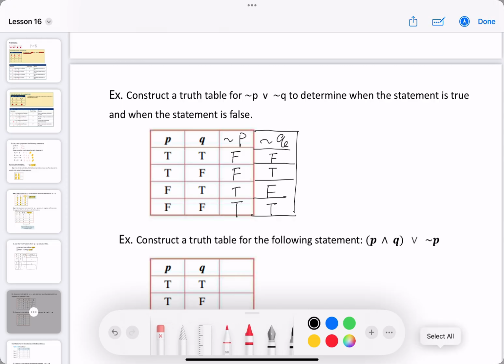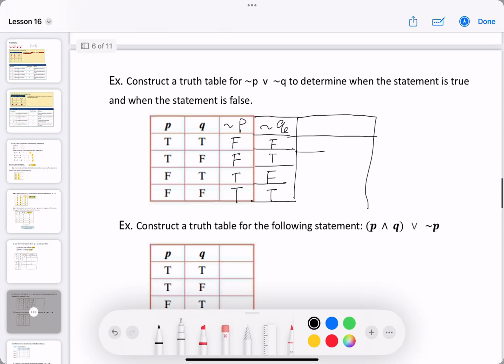And next column, we are going to have not P or not Q. So this is a disjunction. False or false, it is false. True or false, it is true. And true or false, it is true. True or true, it is a true statement.